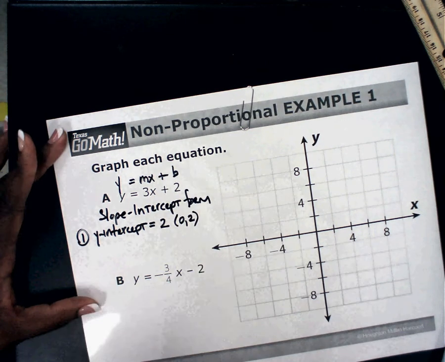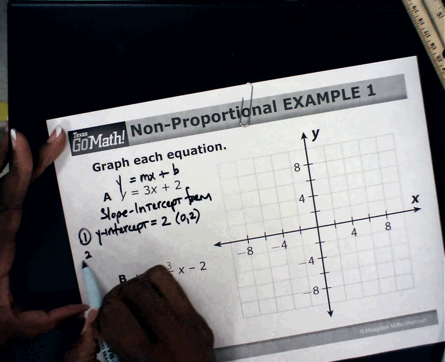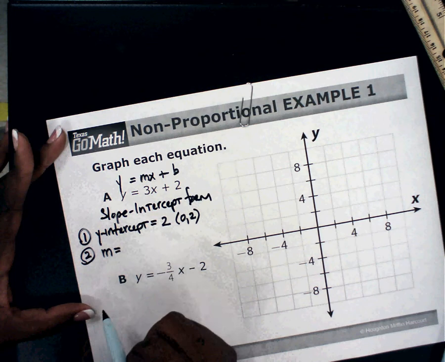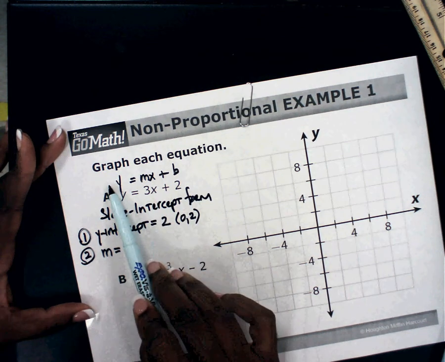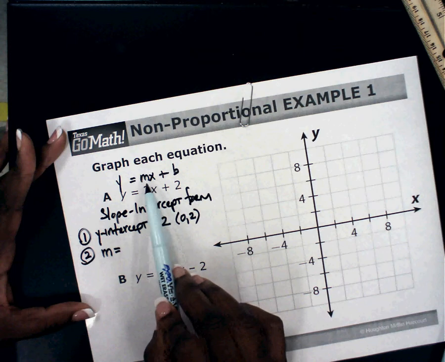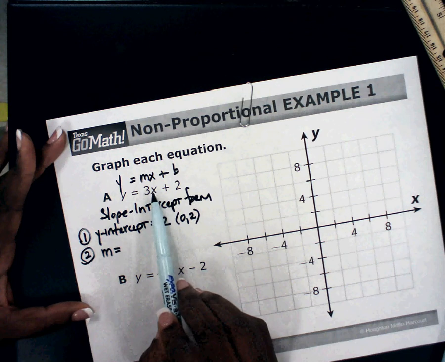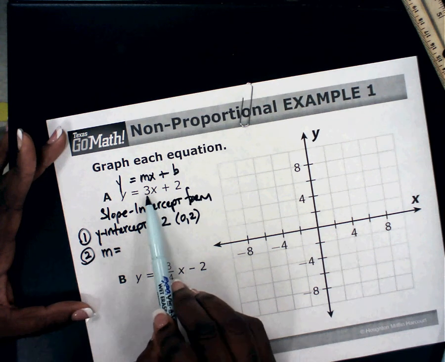Okay, so the second thing we need to identify in the equation is the slope, and m represents the slope. If we look at the formula for the slope-intercept form of an equation, the number in front of the x is the slope. So if we look at our equation, the coefficient of the x is 3, so our slope is equal to 3.